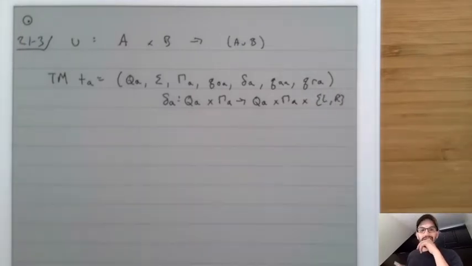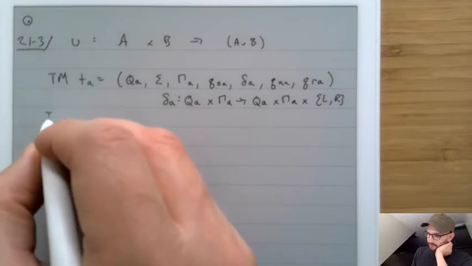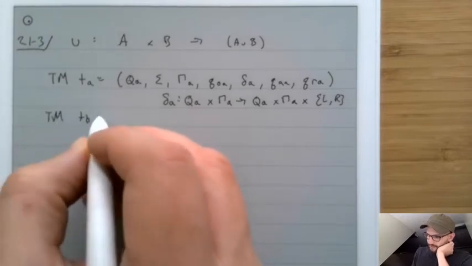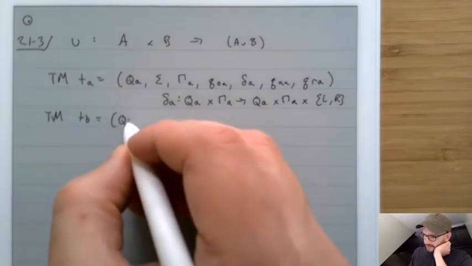Okay. Now there's also going to be another Turing machine that we're provided with for B, that has the same sorts of things.